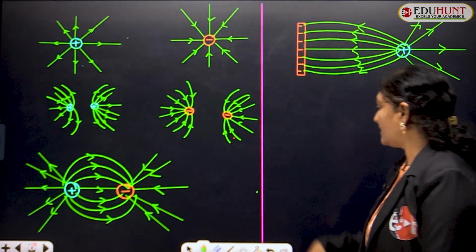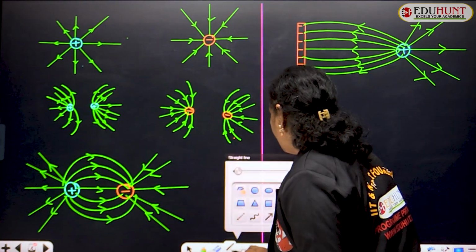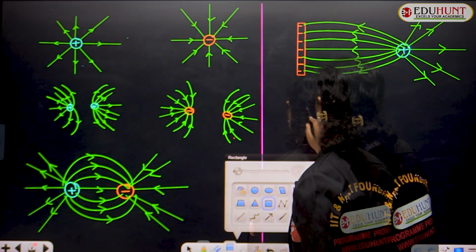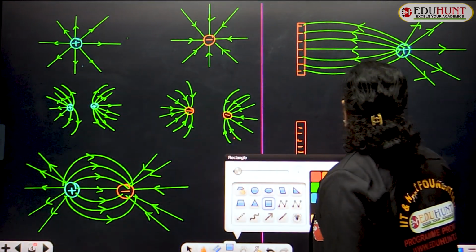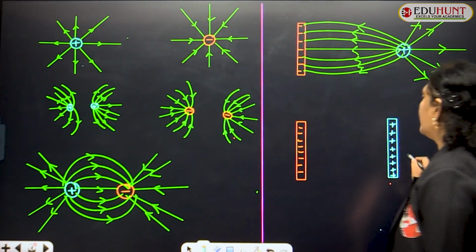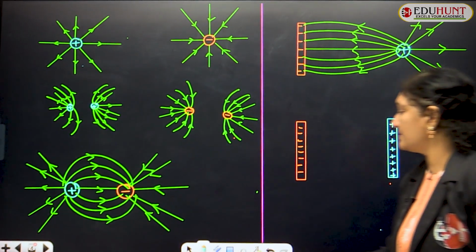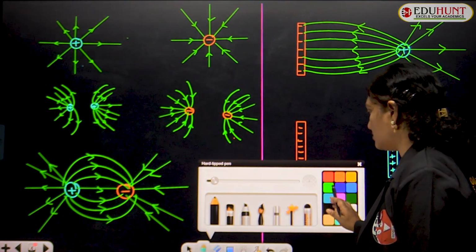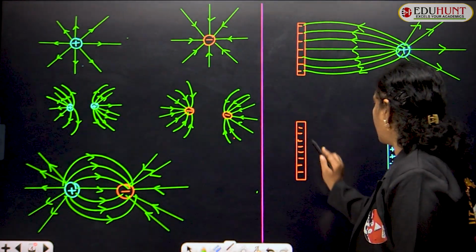Suppose two straight conductors were taken, one positively charged and the other negatively charged, then the direction of the electric field lines will be something like this.